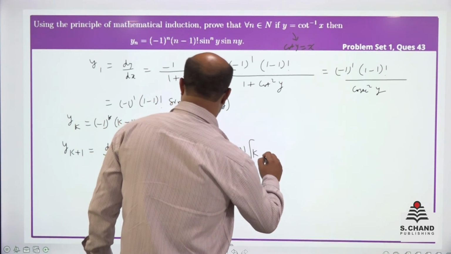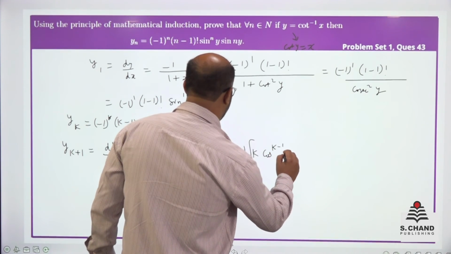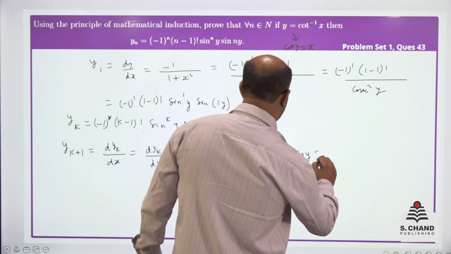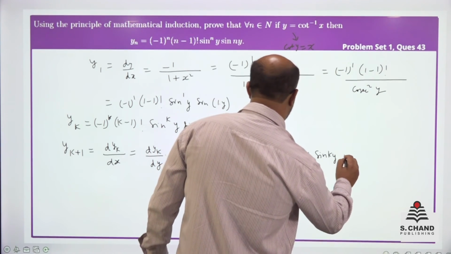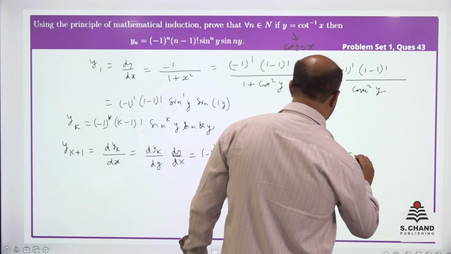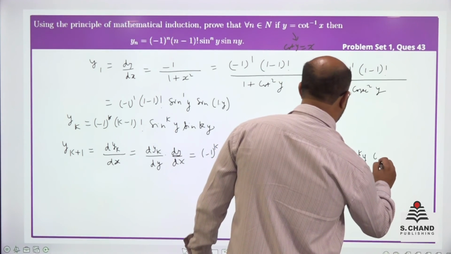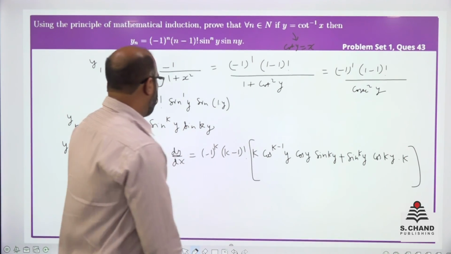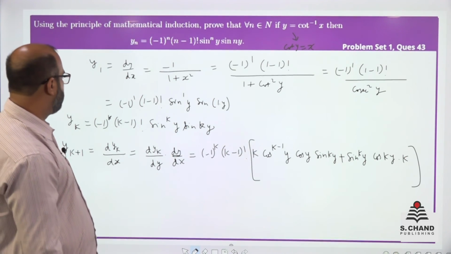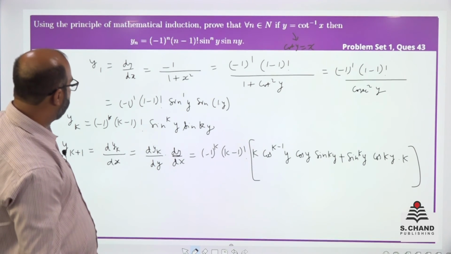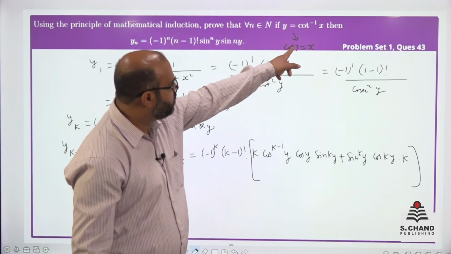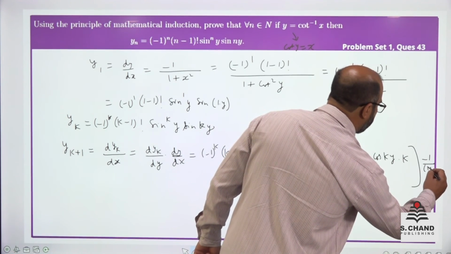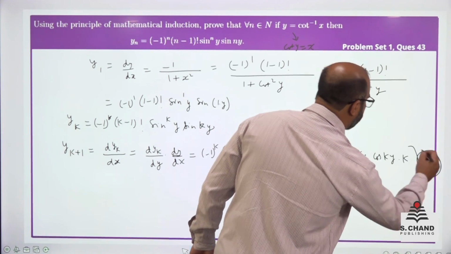So k sin^(k−1) y cos y sin ky plus sin^k y cos ky into k, into dy/dx. So dy/dx is this, −1/(1 + x²), this is dy/dx.